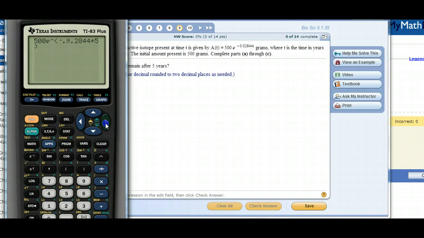I have to clean this up because I put in too many decimal points. So that's just plugging in 5 where the t was. So 433.72.